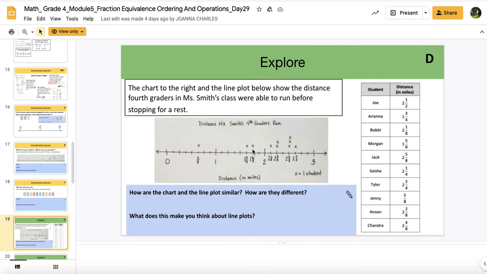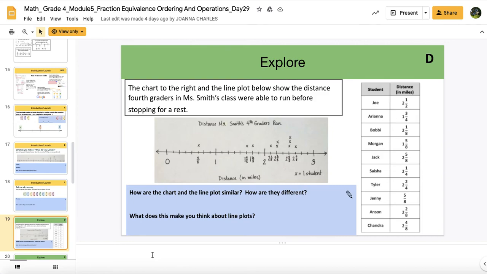Students might also notice that in the chart, the fractions have a denominator of 2, 4, and 8, and that's why the line plot is divided into eighths. And then students will be answering those questions there about how the chart and the line plot are similar and how they're different.